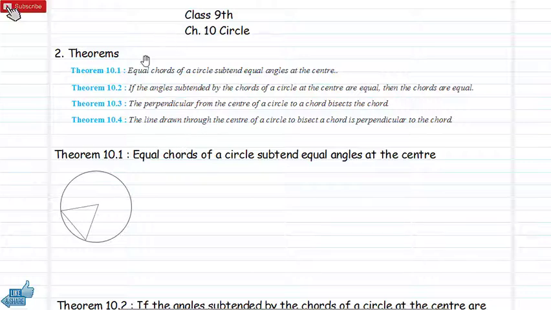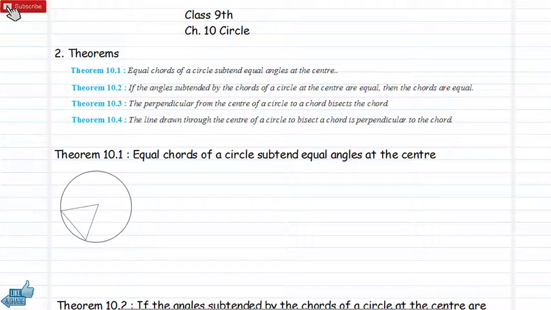Now the first theorem of today's topic is: equal chords of a circle subtend equal angles at the center. What does it mean? How to find out the given and to prove, and how to write given and to prove? I will tell you in detail, so just watch carefully.